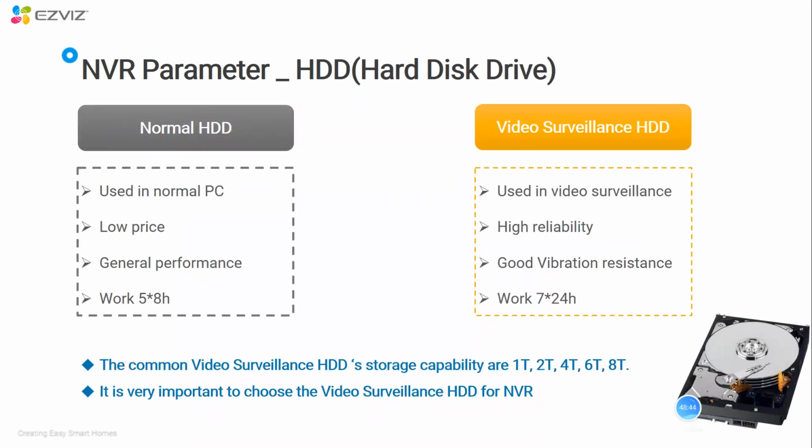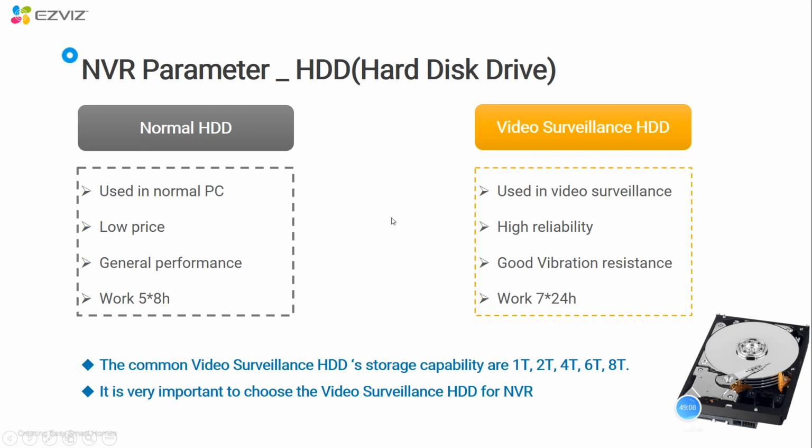And about the HDD, hard disk drive. A normal HDD is used in a normal personal computer, it costs a lower price, and it performs the general features, and it works 5 times 8 hours.